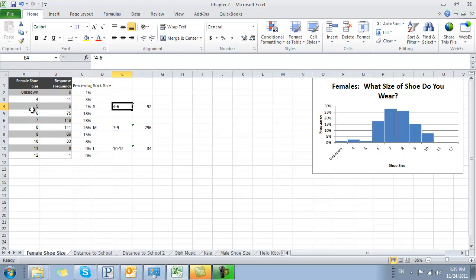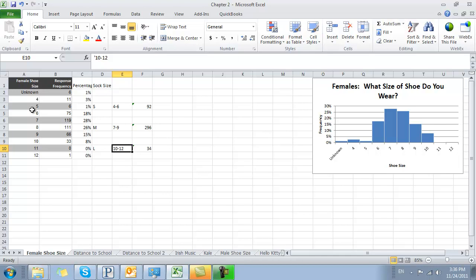Whereas 7 through 9 only includes 7, 8, and 9, probably also 9.5. Similarly with 10 through 12. These are non-overlapping intervals of size 3. The interval spans a space of 3 digits. 10, 11, 12, 3 numbers. Okay, so that's our interval size, 3.